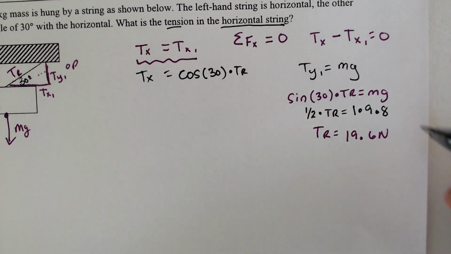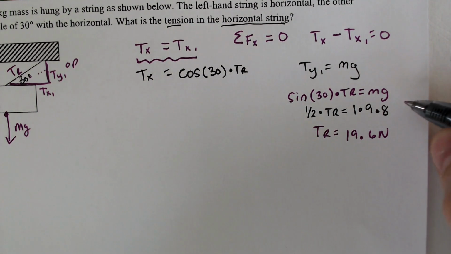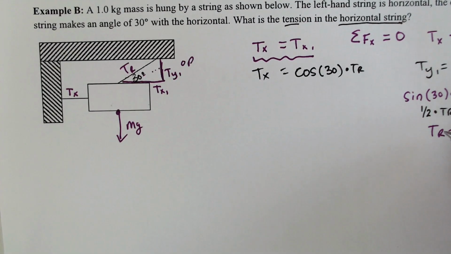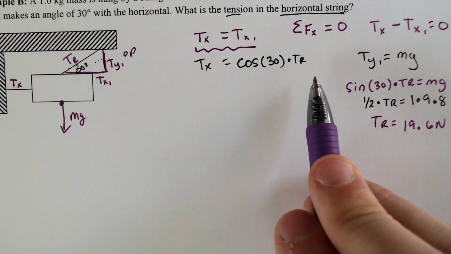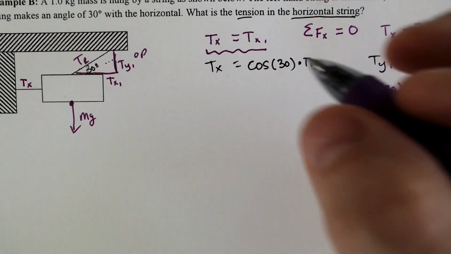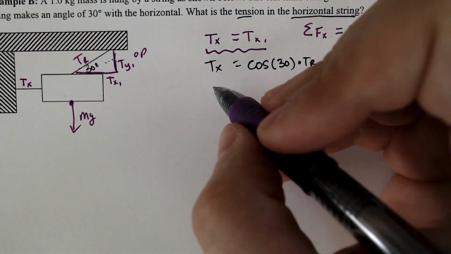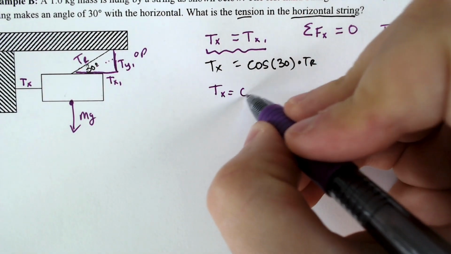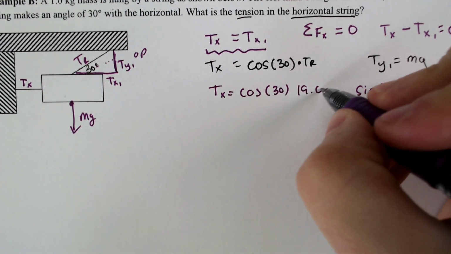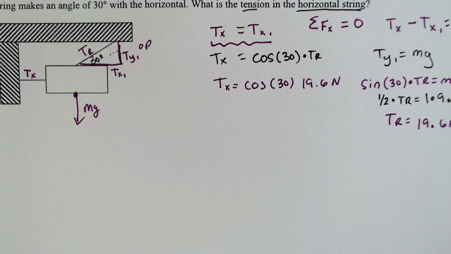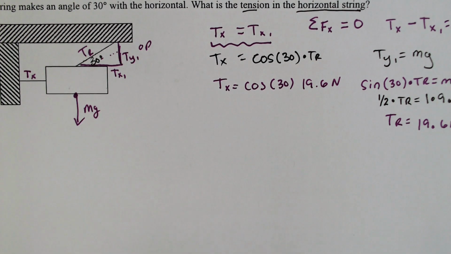If we know that that is true, then we would have Tr to plug in over here, 19.6. I think I said 19.8 the first time. So Tx would equal cosine of 30 times 19.6 newtons. What's cosine of 30? Cosine of 30 is an ugly number.